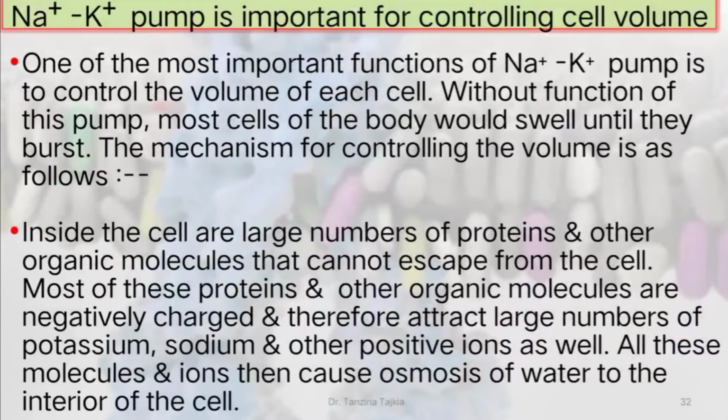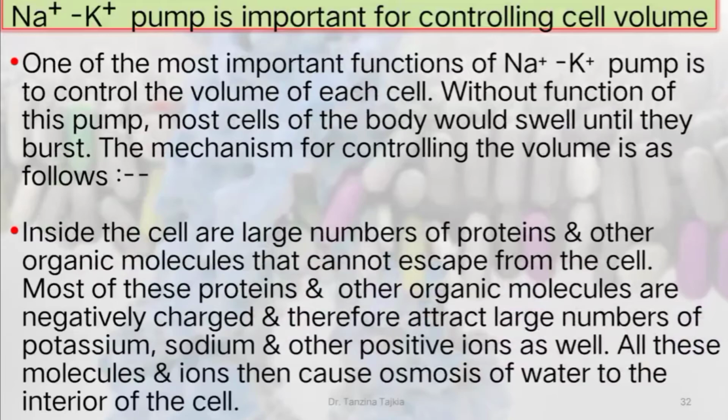Let's discuss it. Without the function of this pump, most cells of the body would swell until they burst. The mechanism for controlling the volume is discussed elaborately. Inside the cell, there are a large number of proteins and other organic molecules that cannot escape from the cell.